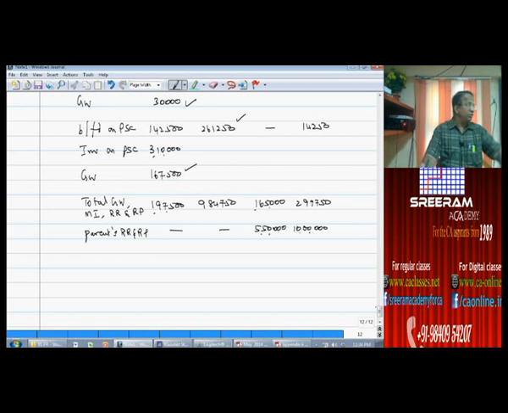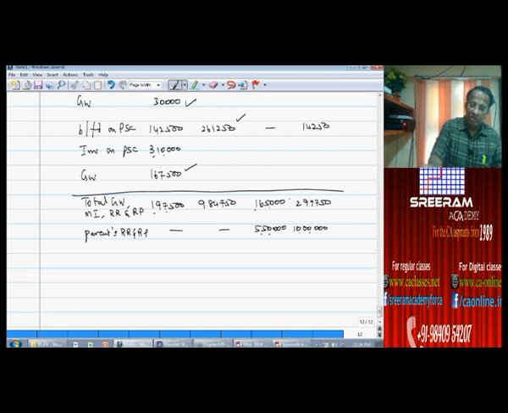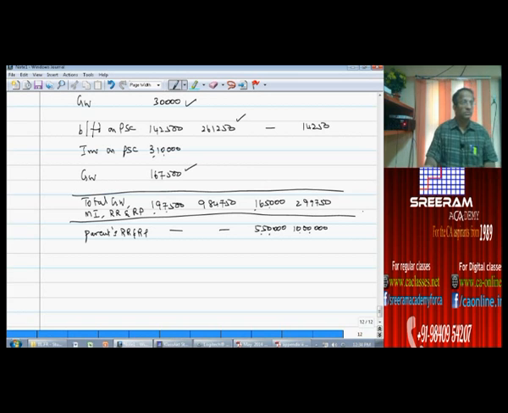I hope that all of you know how we have got this number. There are two goodwills that you had, and minority interest too, from there we have picked up.